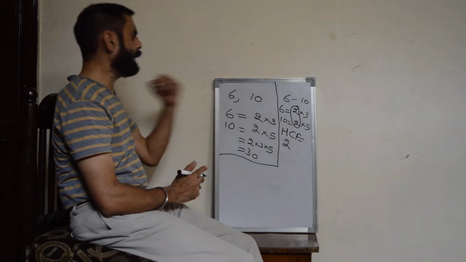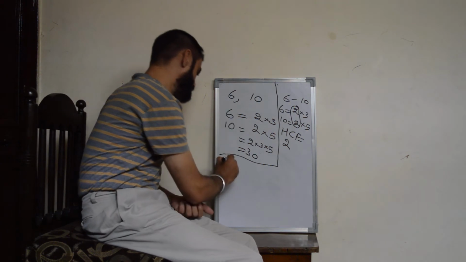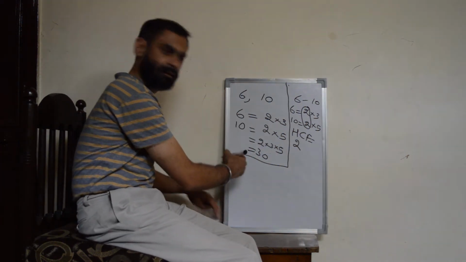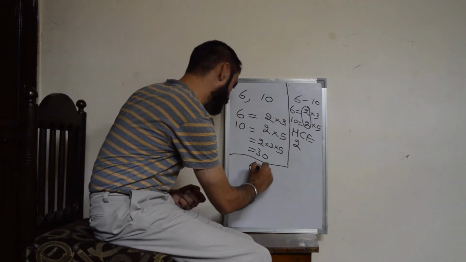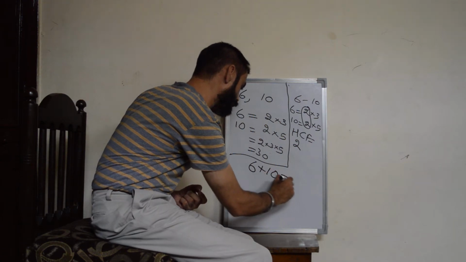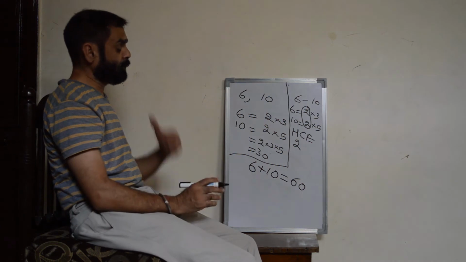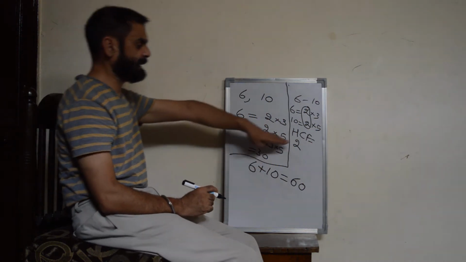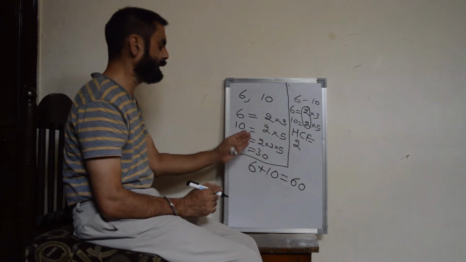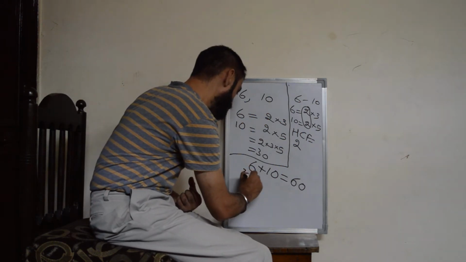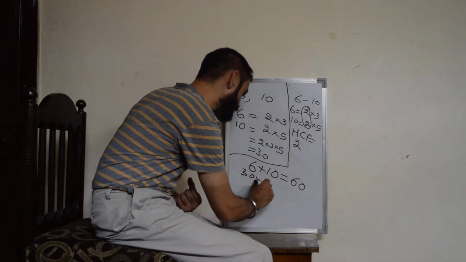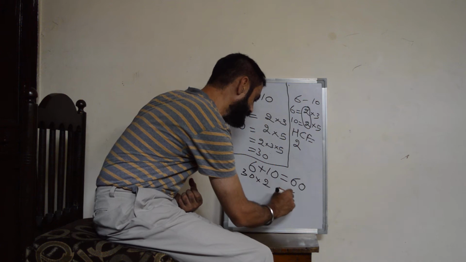Now if you multiply the given two numbers, 6 into 10, it comes out to be 60. And if you watch, the LCM is 30 and HCF is 2. And if we multiply these two numbers, that is LCM into HCF, again the product is 60.